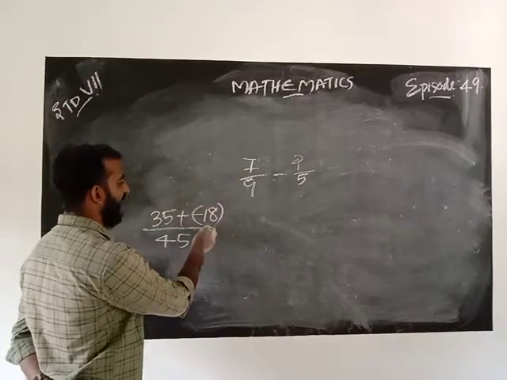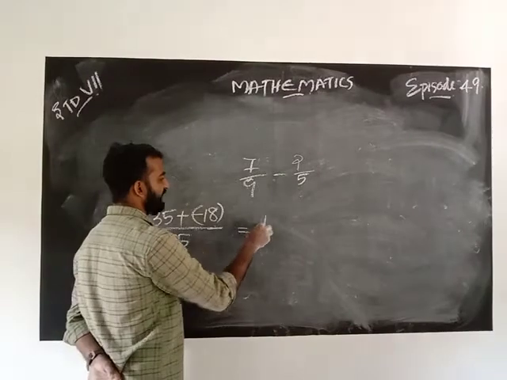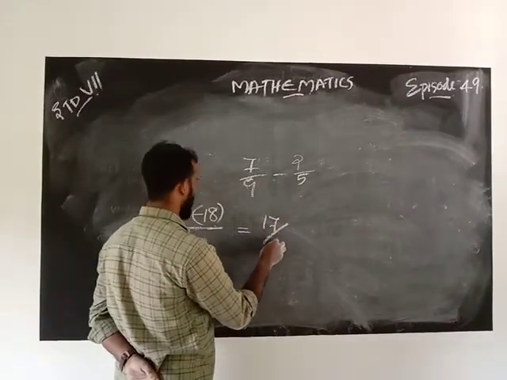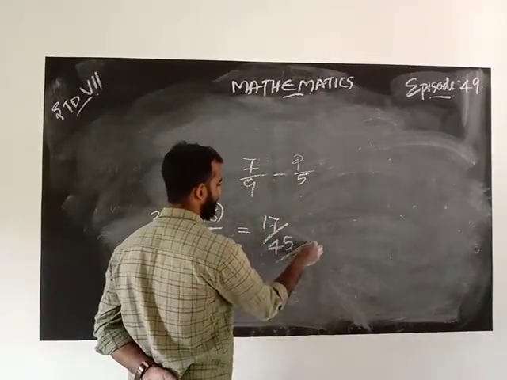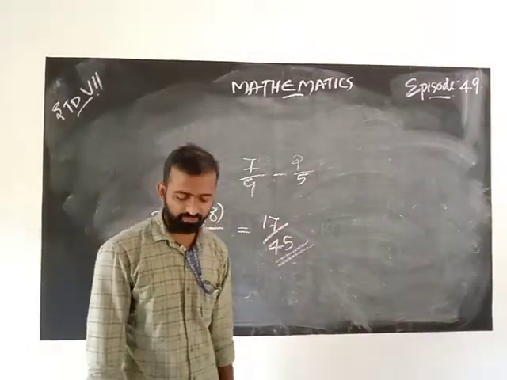We take the additive inverse. The answer is 17 by 45.